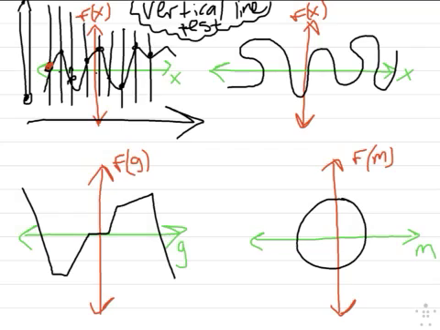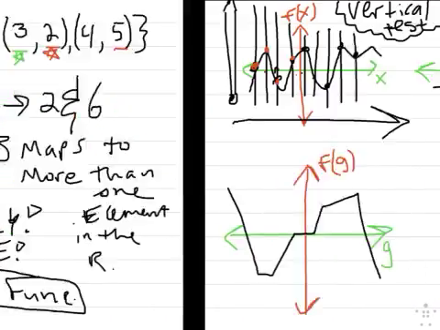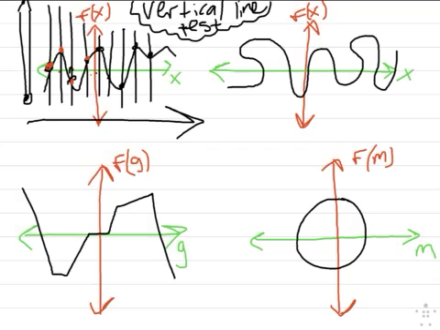I only get 1. How about at -3? Only 1. Again, only 1 at -2, only 1 at -1. So you take your pencil and drag it along your function to see if it passes that vertical line test.